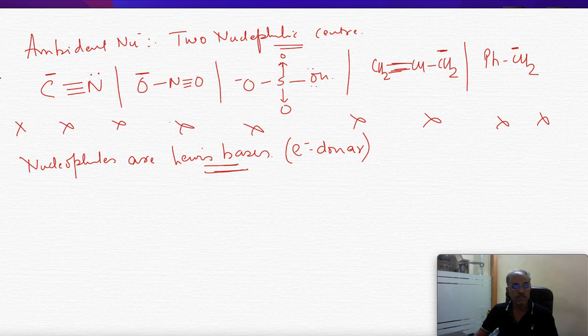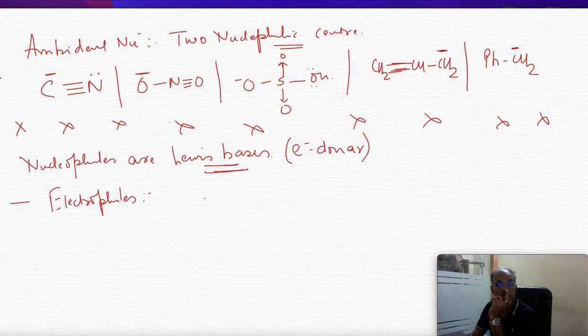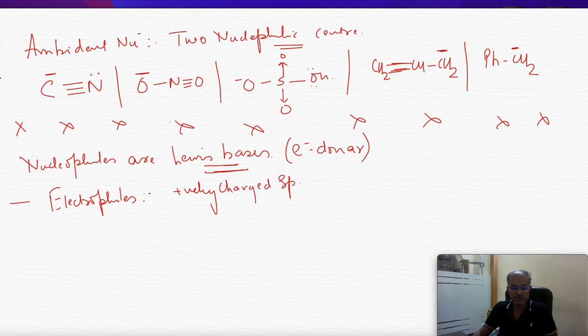Now we have finished nucleophiles. Now we'll go with electrophiles. Now what do you mean by electrophile? As you know, electrophiles are positively charged species, right? That means I can say they are electron acceptors. That means, can I say they are Lewis acids?